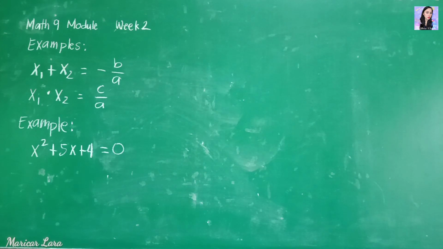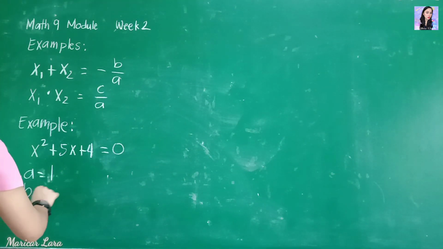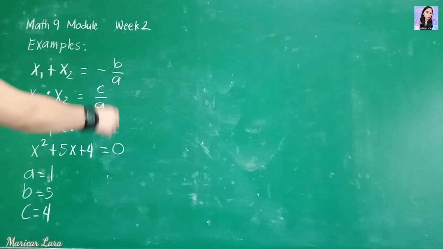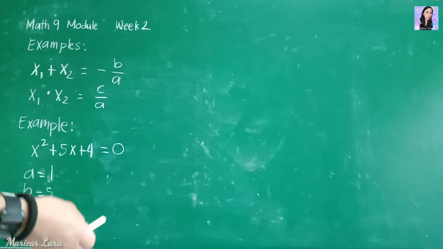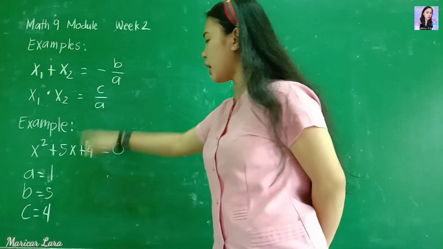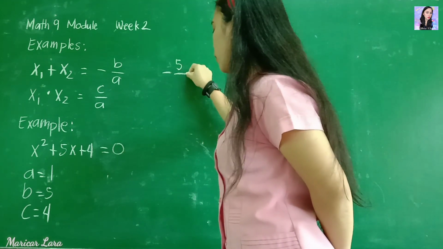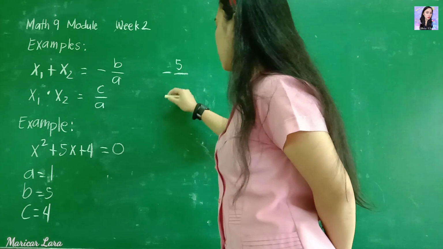Natin yung A, B, and C. So, ang ating A ay 1, ang B ay 5, ang C ay 4. And then, substitute lang natin dito. So, kung sum ang ating kukunin, itong B ay gagawin natin negative 5 over 1.